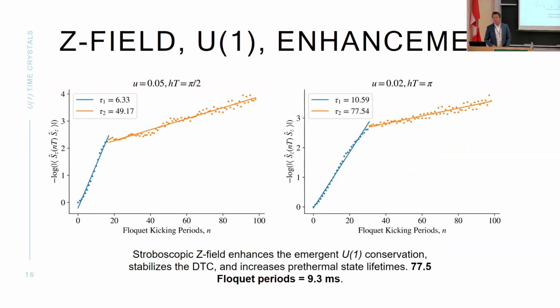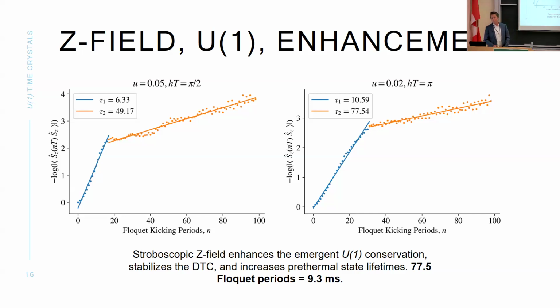Now, by turning on the Z field, we can enhance this U(1) symmetry. And what we see is that not only can pre-thermalization happen relatively quickly, but the pre-thermal timescale can be greatly enhanced, and the strength of the interactions needed to achieve strong time crystalline response is greatly minimized.